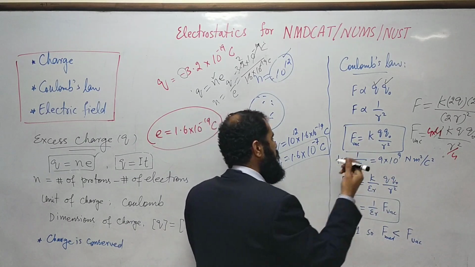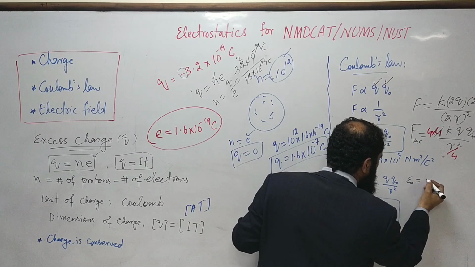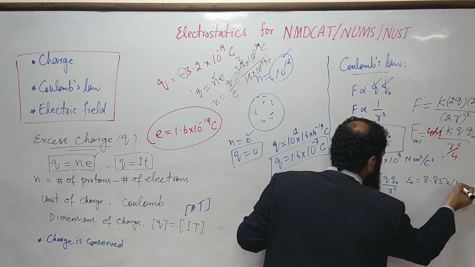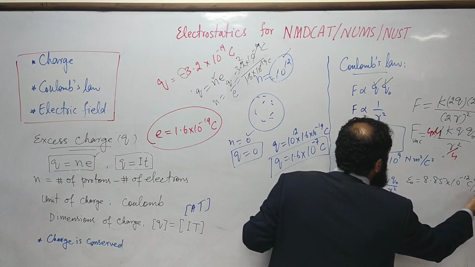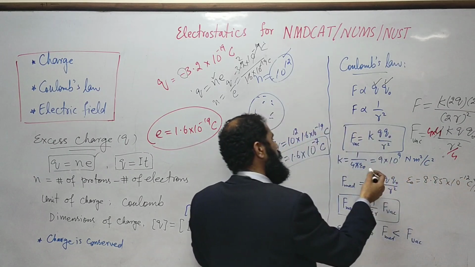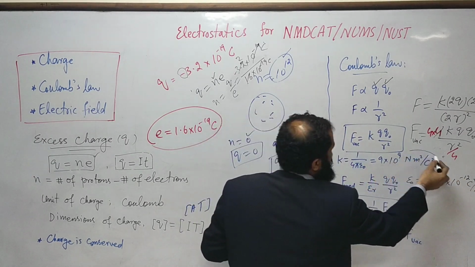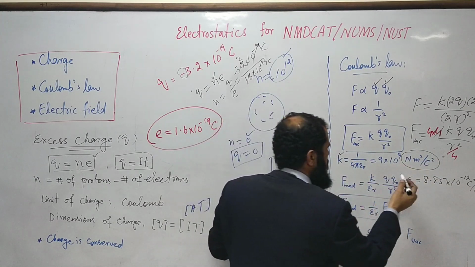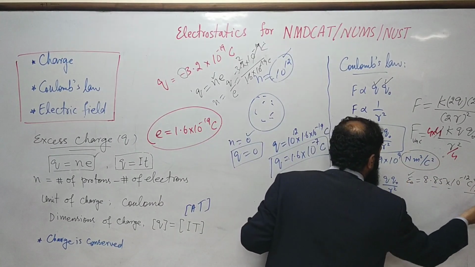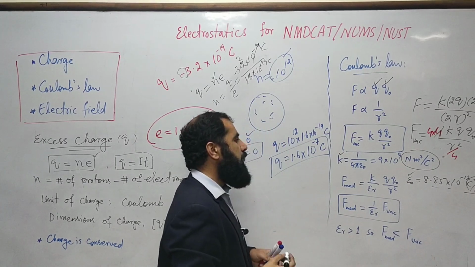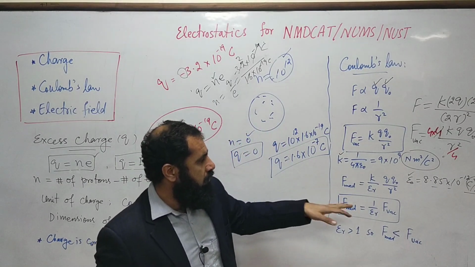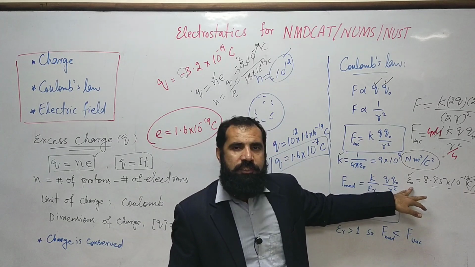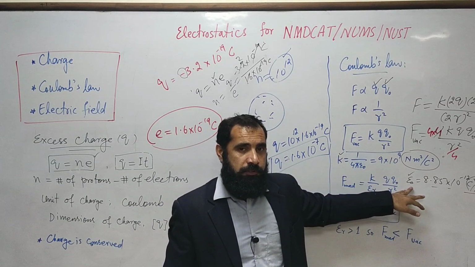Epsilon naught is the permittivity of free space. Its units are Coulomb square per Newton meter square. You need to know the units of Coulomb's constant and of this permittivity, because sometimes they ask these units, so you need to know them.